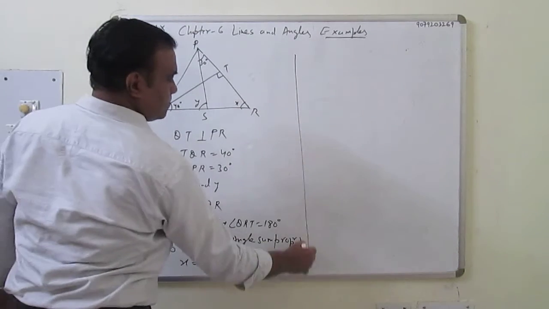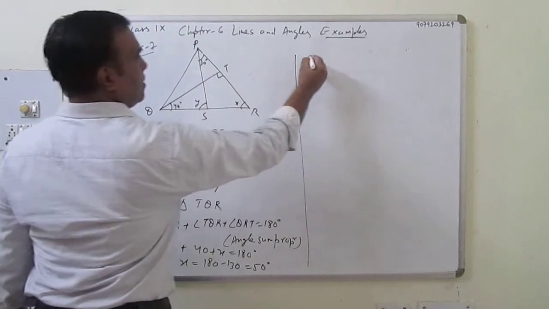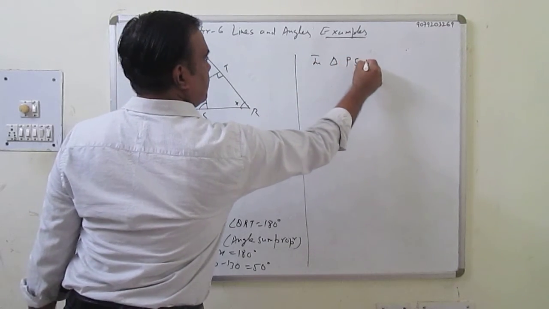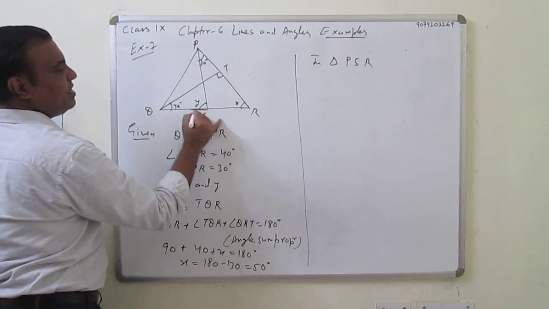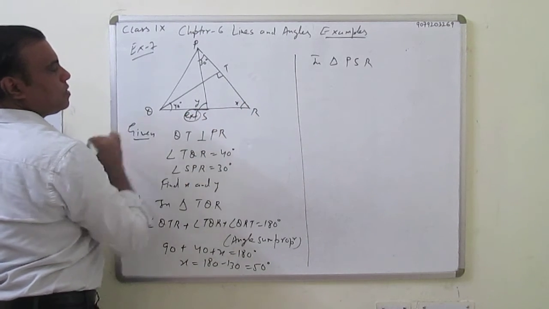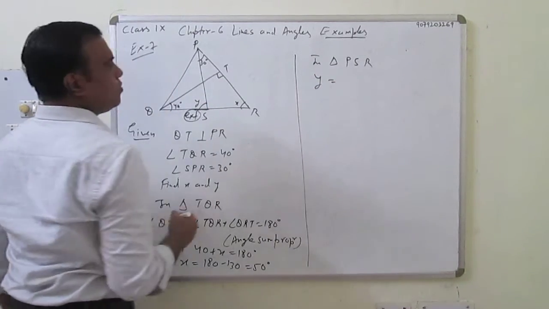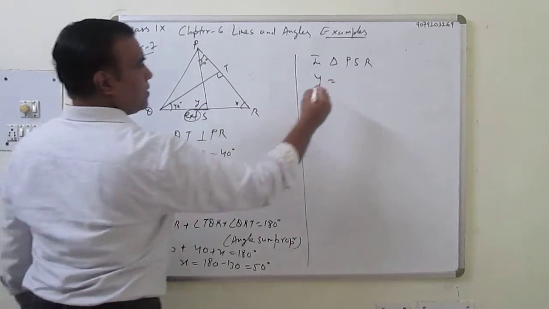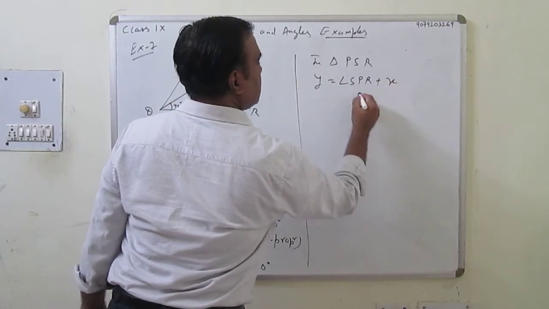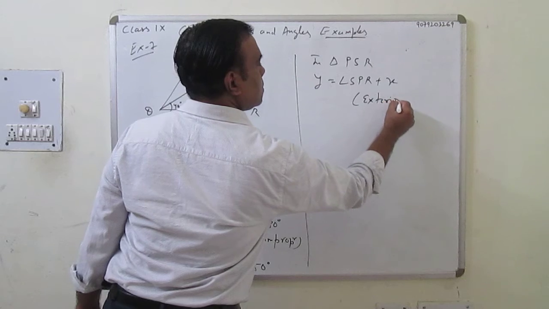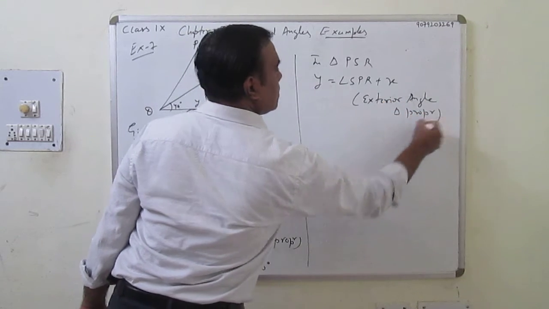Now in triangle PSR, use the exterior angle property. This angle Y is exterior. So by the exterior angle property, Y is equal to angle SPR plus angle X, that is the exterior angle triangle property.